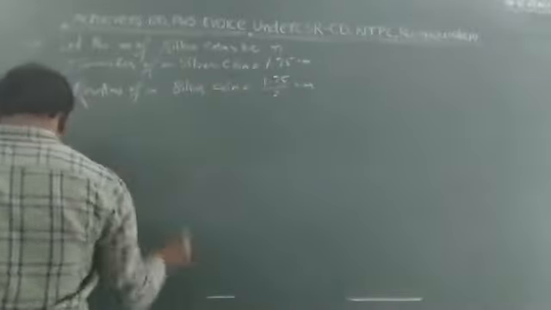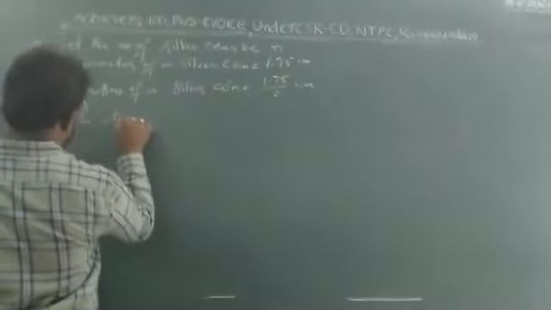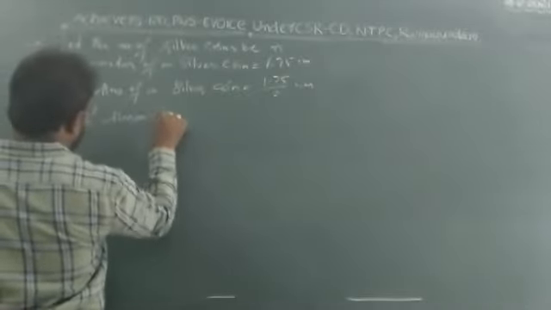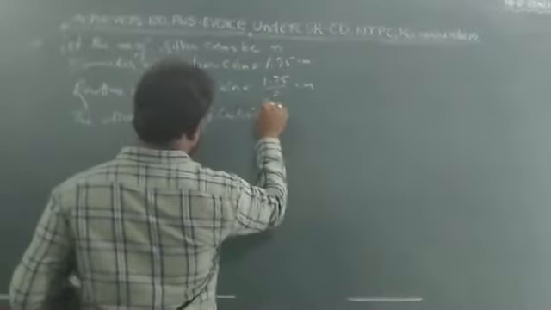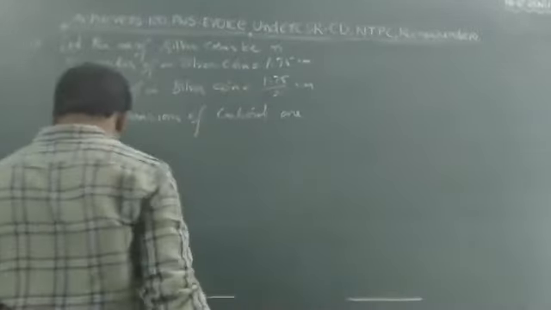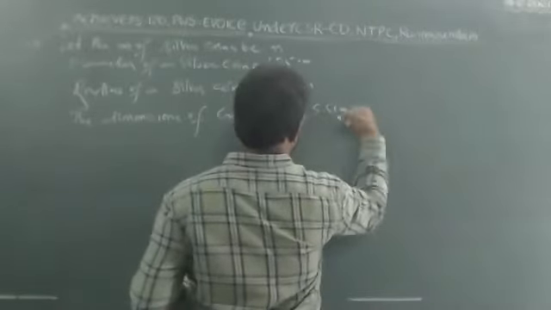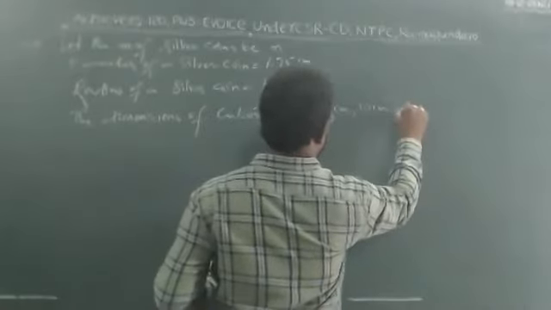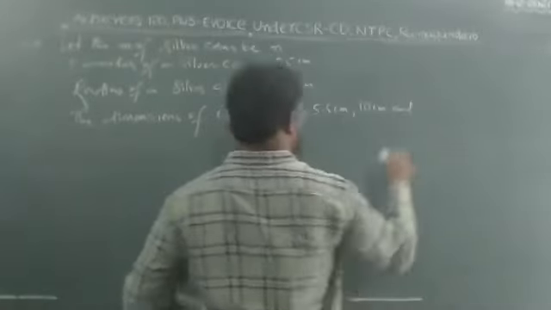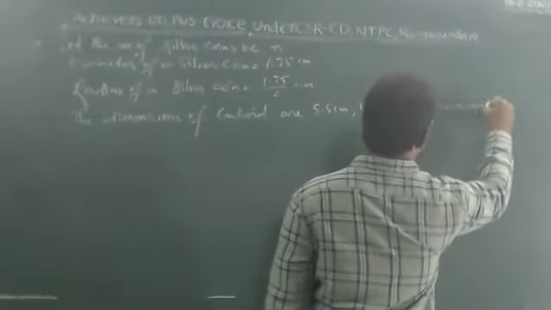Now what happens here? The dimensions of the cuboid are given here. That is 5.5 centimeters, next 10 centimeters and 3.5 centimeters respectively. What do you mean by respectively?